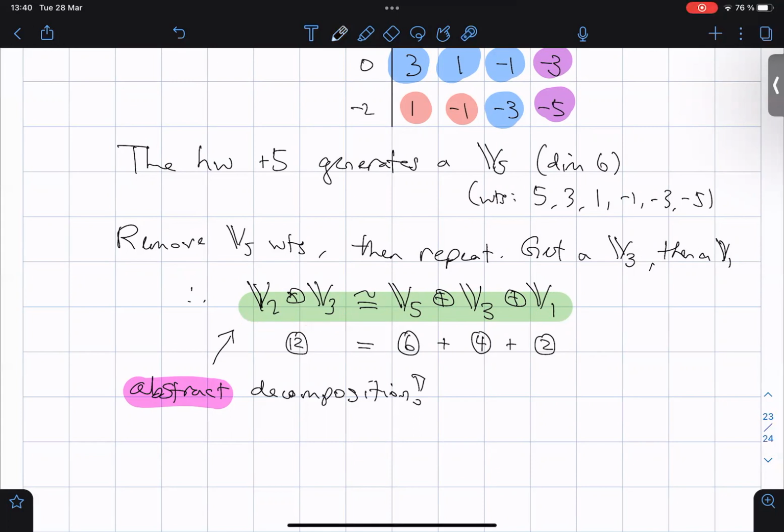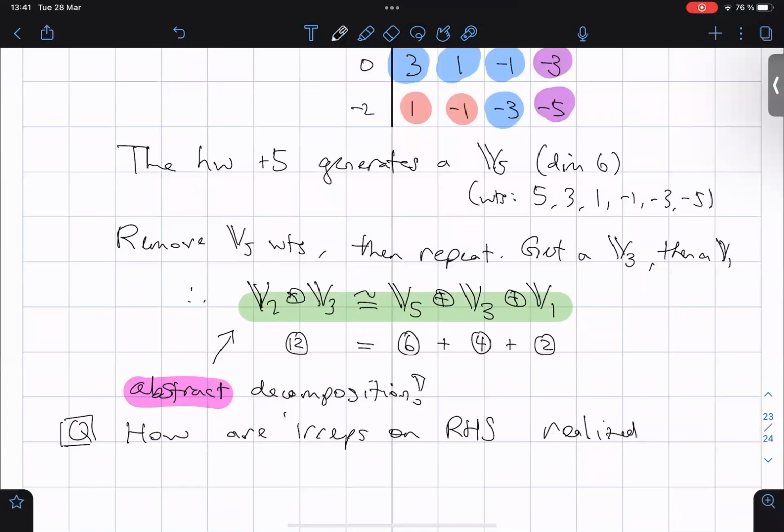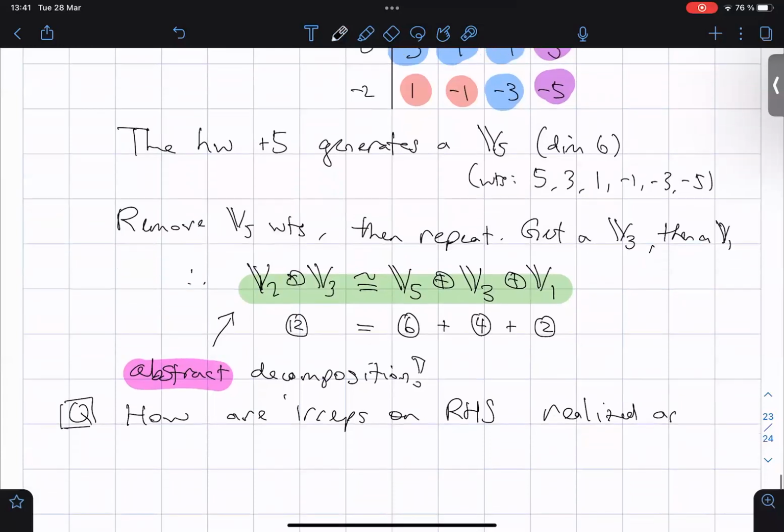How are the irreps on the right-hand side realized as actual subrepresentations inside?